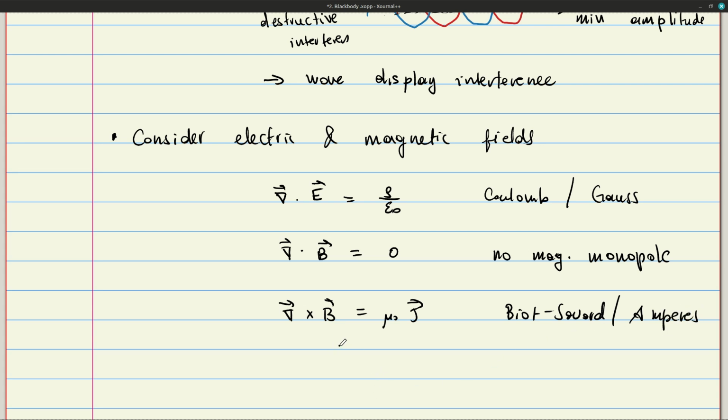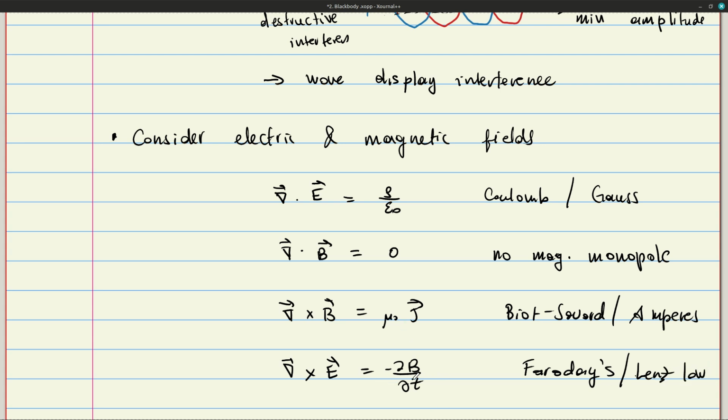And lastly, if you consider the curl of B, why not consider the curl of E? Del cross E is known empirically to be minus del B del T, which is called Faraday's law, or if you want, Faraday and Lenz's law.